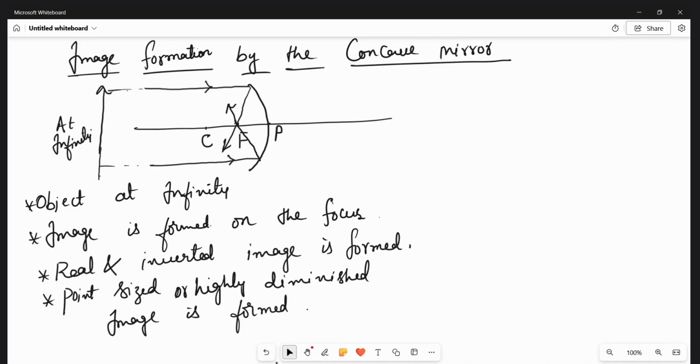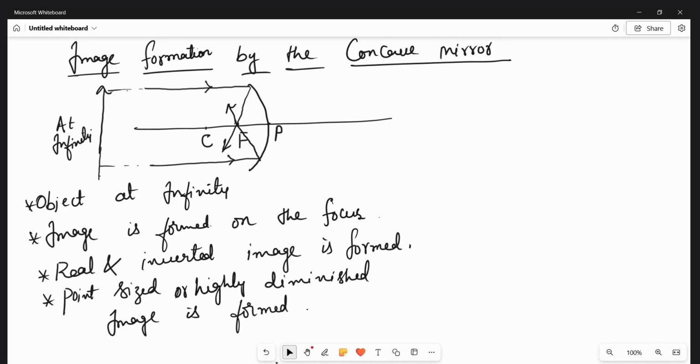So the image will be formed at the focus, and it will be real and inverted. Okay, listen here. Whenever you get a real image, it will always be inverted. What do you mean by real image? Which can be captured.